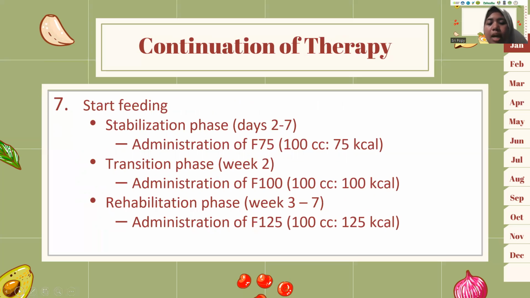Stabilization phase day 2 until 7, administration of F75. Transition phase week 2, administration of F100. Rehabilitation phase week 3 until 7, administration of F100 to 25.